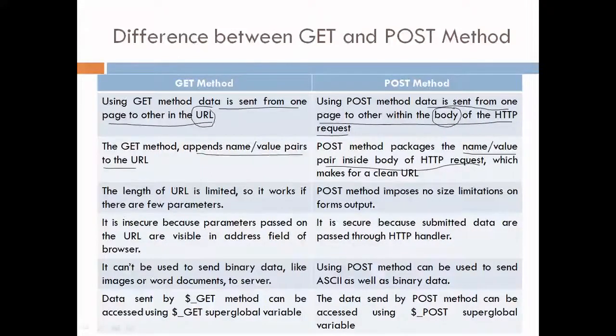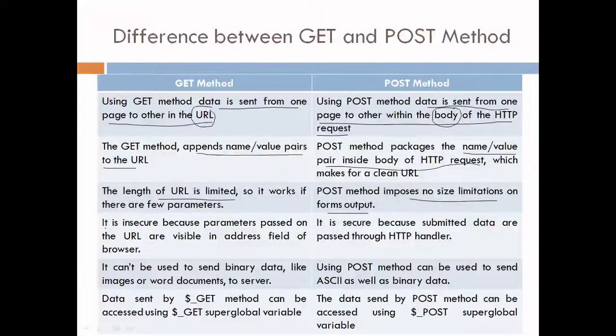Third difference, the length of a URL is limited because we can pass only 2000 characters at the same moment. While the post method imposes no size limitation on form output, because we can send an unlimited amount of data from one page to another page.